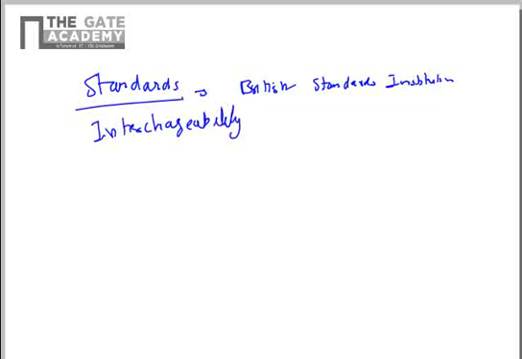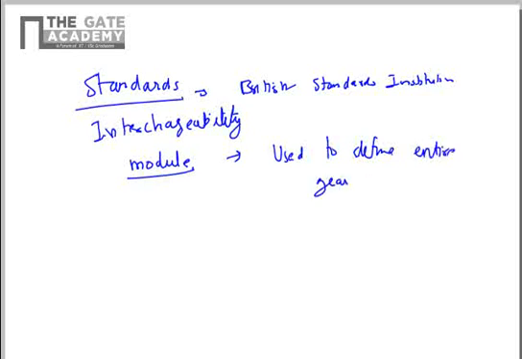That means you have one parameter for a gear. When that one parameter is defined, you can match the corresponding gears. That parameter is called module. So module will be used to define the entire gear parameters.